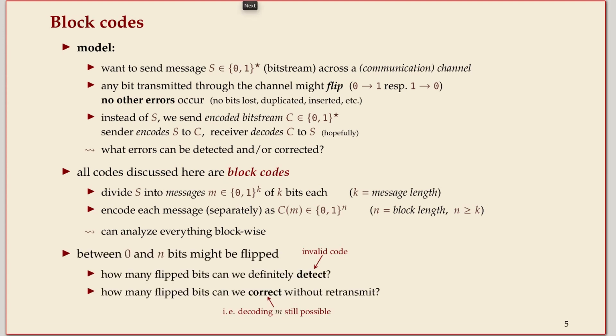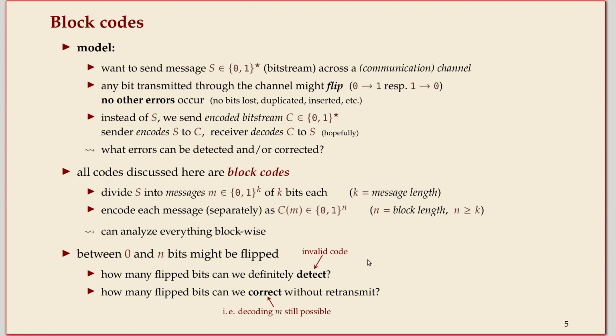If I have a block length n, the possibilities are I can change none of those bits or all of them or anything in between. And the question is, how many flipped bits can I detect? How many flipped bits can I correct? That will be the core properties of our codes that we're interested in. And we'll also talk a little bit about how this decoding can look like. But that's the core definition.